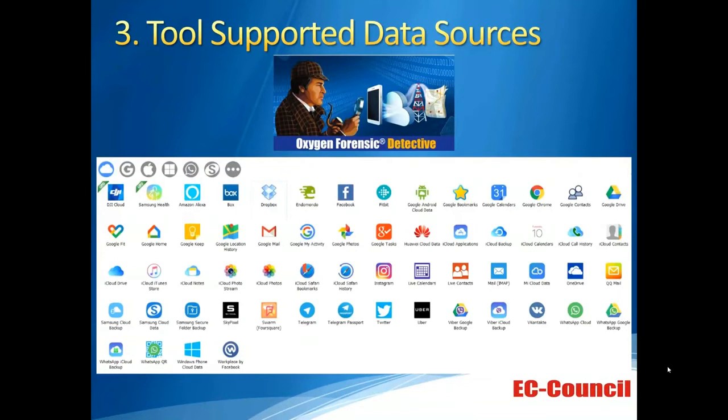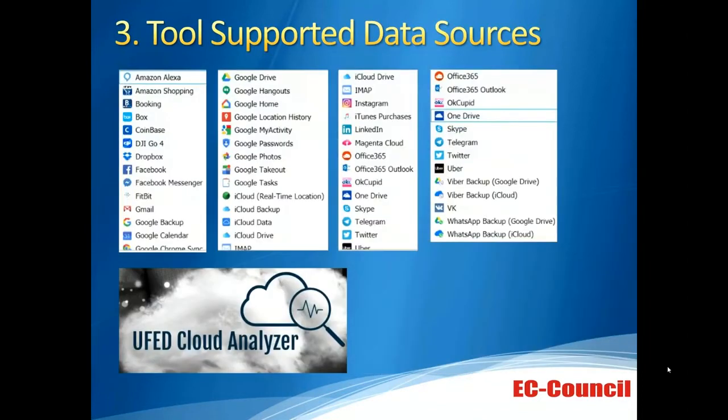Most notably here, if you have a look at them, is Amazon, Alexa, Huawei, Samsung, Uber, and also WhatsApp. Then looking at the supported cloud data sources for UFED Cloud Analyzer, it emulates most of the Oxygen Detective's data sources and adds others such as Booking.com.